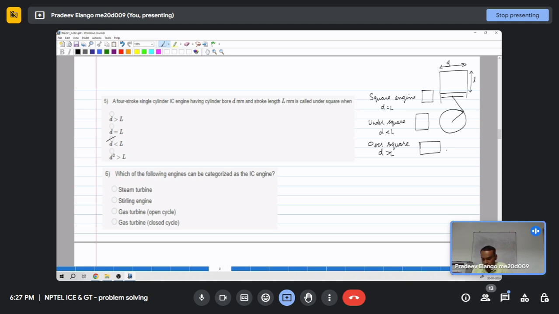We have already seen steam and Stirling are external combustion engines, and among gas turbine, which is external and which is internal?